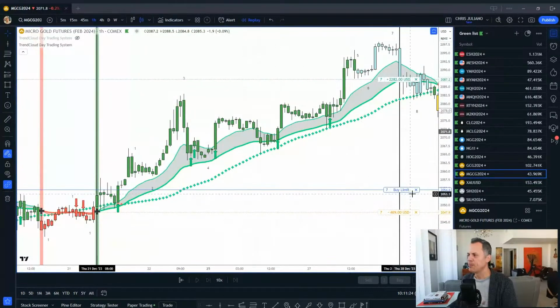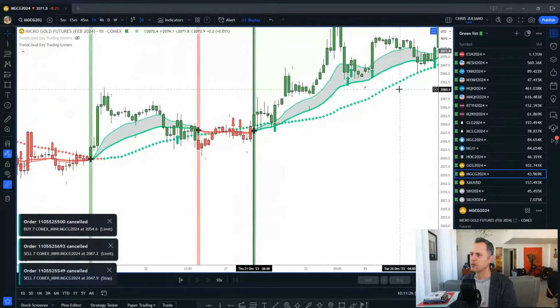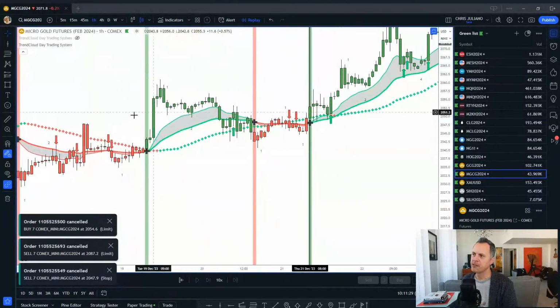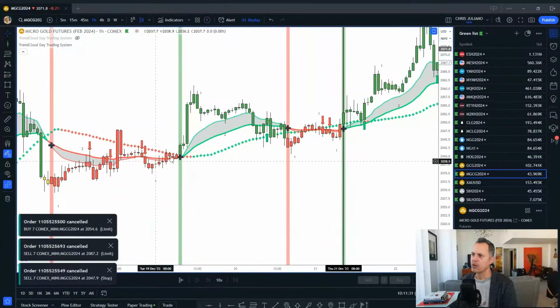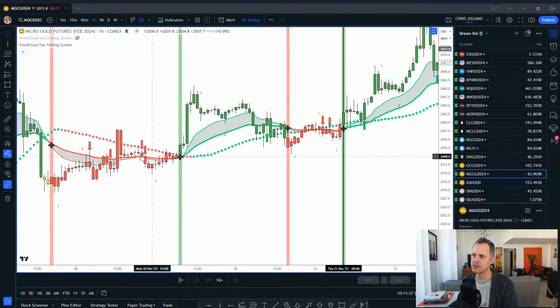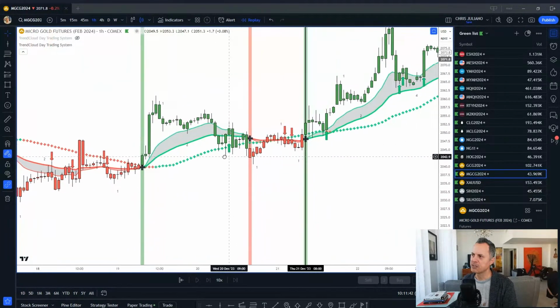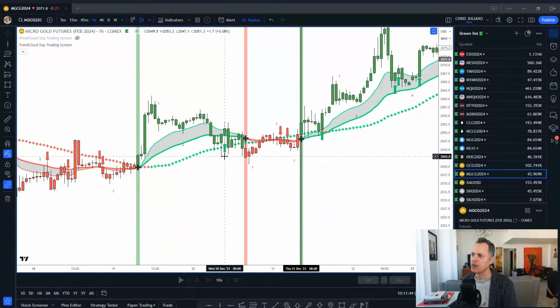When you get into some whipsaw, like in this situation here, right here, here's a buy signal, another buy signal, the crossover here. It breaks through structure, looks great, right? Here's a TrendCloud signal, right? But we have to look at the entire system. We can't just look at the signal, because right here, you didn't actually get into this, right?